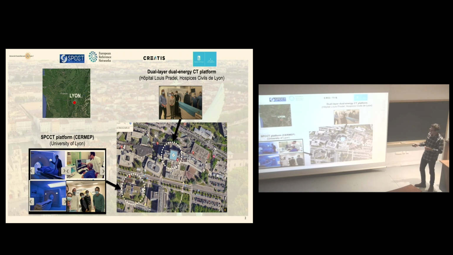As Christian said, we got this equipment in 2015 thanks to a European H2020 project. Since then, we have had many collaborators from the clinical to the preclinical field. One of the members of the team is here, and I'm really glad to show the research environment, to explain where we came from and where we are going.